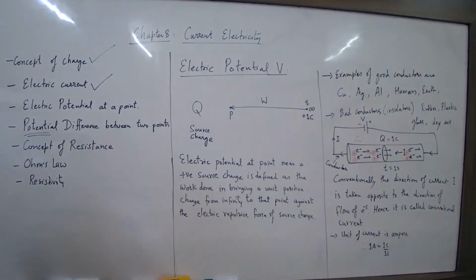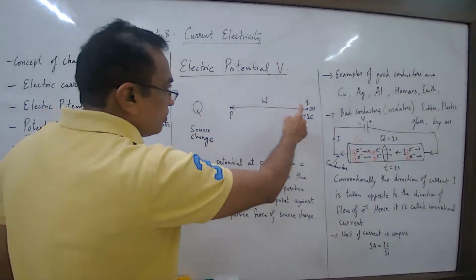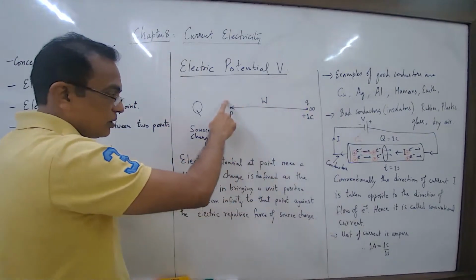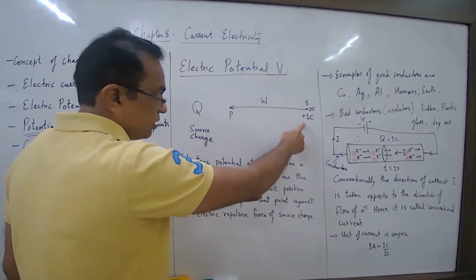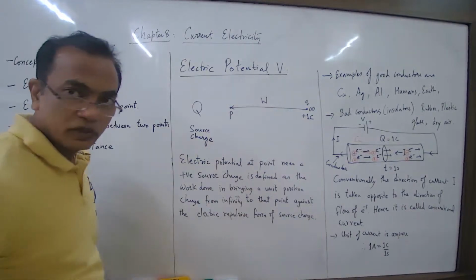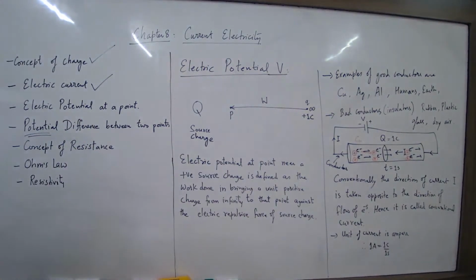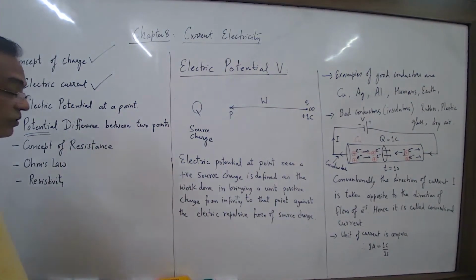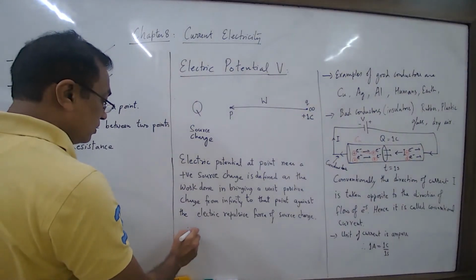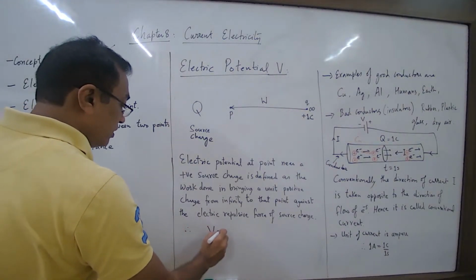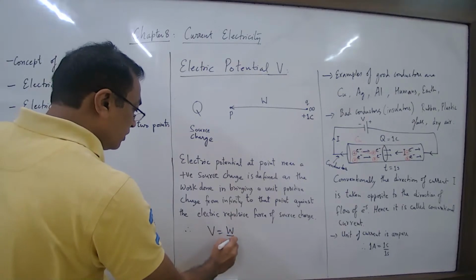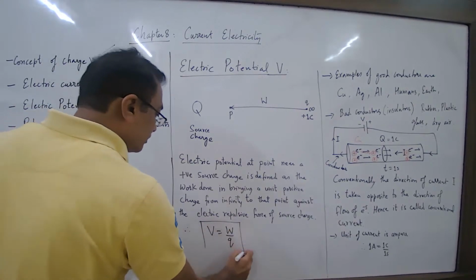So if W is the work done in bringing charge Q from here to here, what is the work done in bringing a unit positive charge? W by Q, unitary method. Therefore, V is equal to W by Q. Isn't it?